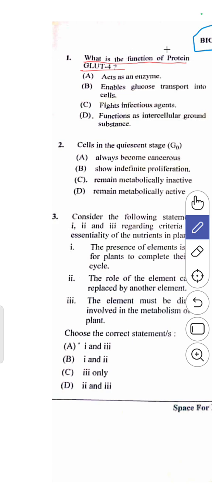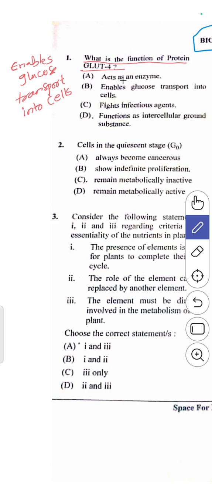This GLUT4 is one of the proteins. It facilitates or enables glucose transport into cells. So let's see what are all the options they have given in this question.